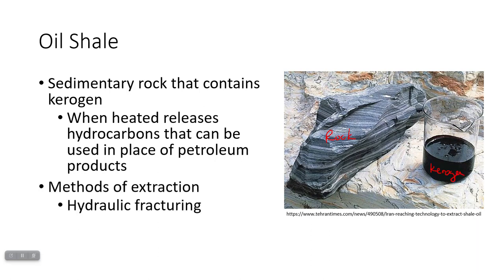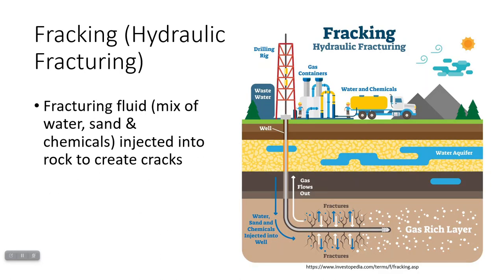The methods of extraction include hydraulic fracturing, which we'll talk about for a minute, and then some on-site or in situ extraction. So let's talk about fracking. Fracking, otherwise known as hydraulic fracturing, involves making fractures or cracks in the rock underneath the Earth's surface. So what happens is you drill down into a layer of oil shale and you pump chemicals into the ground that cause fractures in the rock.